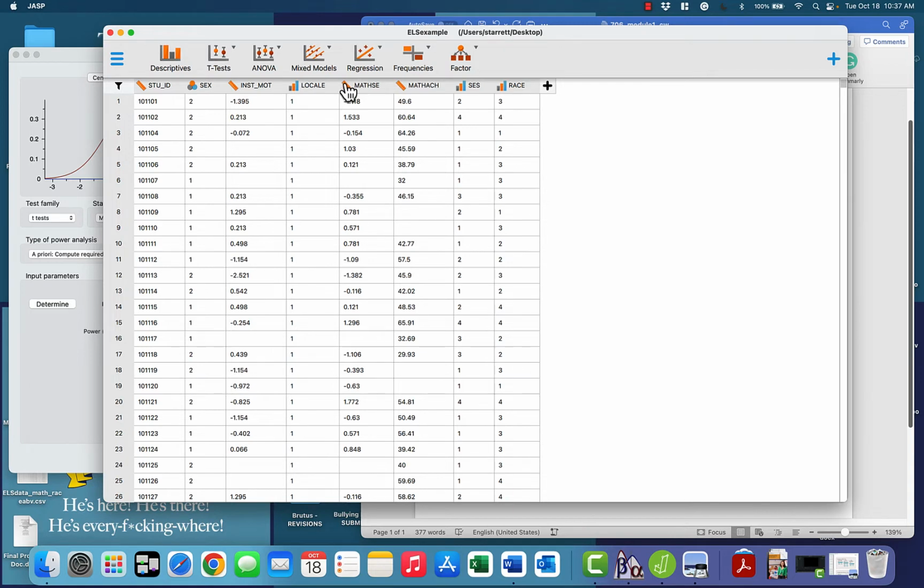We have math self-efficacy, so kind of how confident they feel in math. And then we have math achievement scores in 9th grade, and these are all 9th grade measures. We have that SES quartile, and we have a race variable that has been a little bit abbreviated from the original data set into 4 categories.